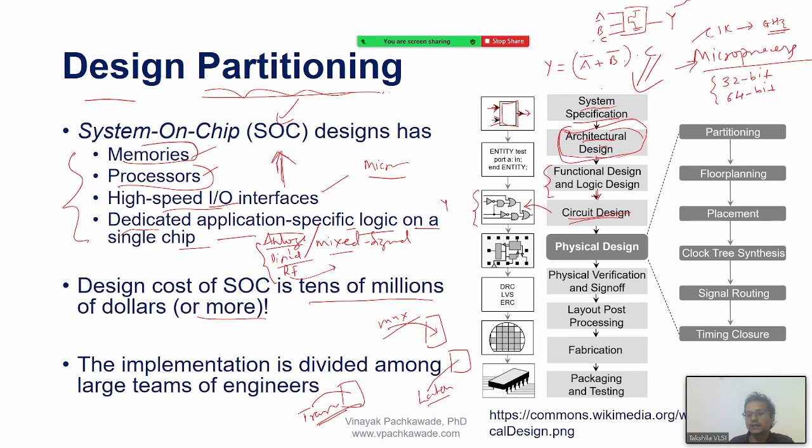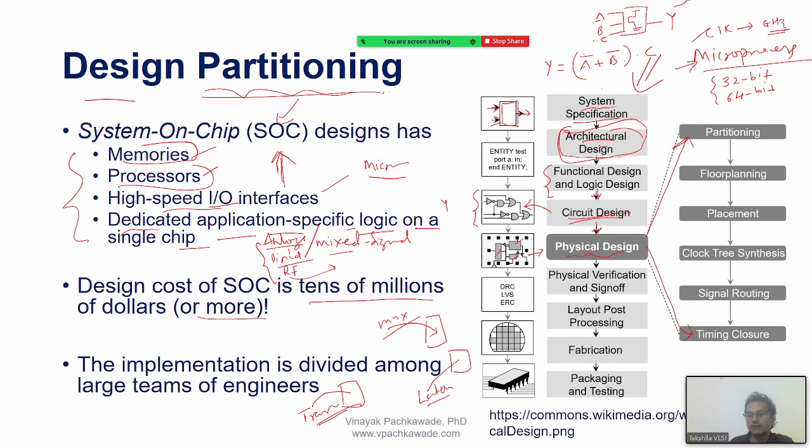Once the circuit design is done, we come to the physical design. Physical design determines how these logic blocks will be connected to each other with clock synchronization amongst them, right? So this part is split into these portions.